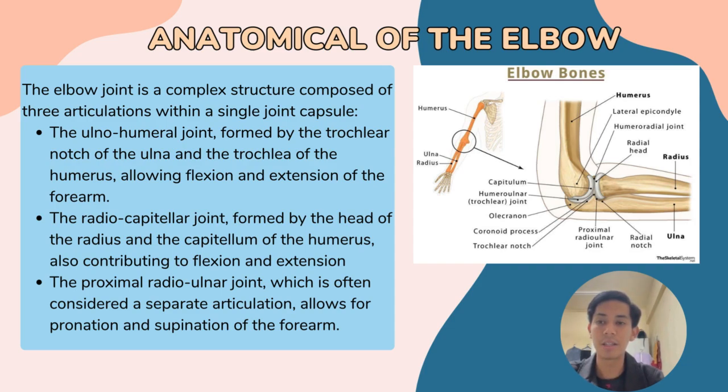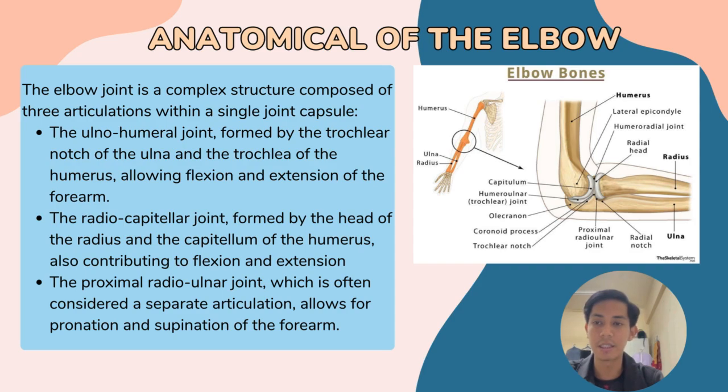For this part, I will explain the three major joints that articulate in the elbow. First, the ulnar-humeral joint is formed by the trochlear notch of the ulna and the trochlea of the humerus, which allows flexion and extension of the forearm.